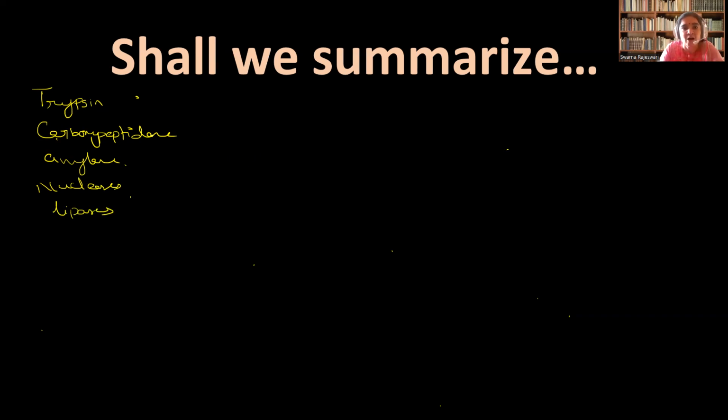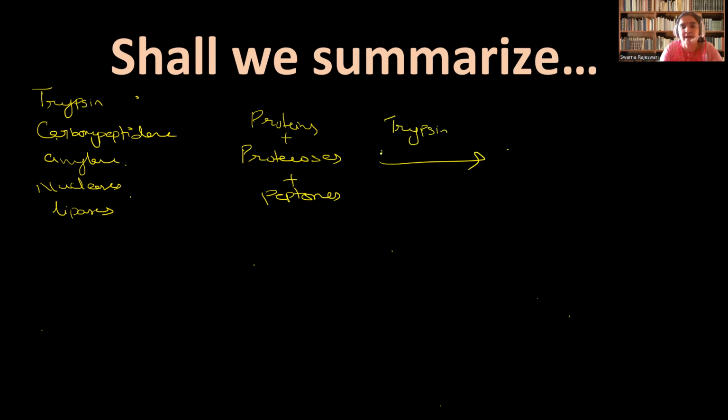So now proteoses and peptones, these are the products of digestion from the stomach, along with some proteins. They will be acted upon by trypsin, chymotrypsin, as well as carboxypeptidase.